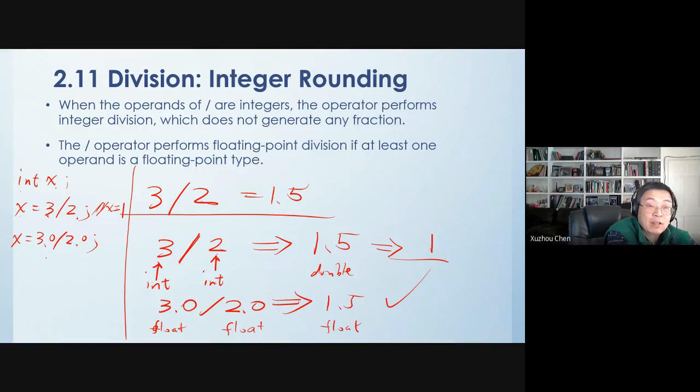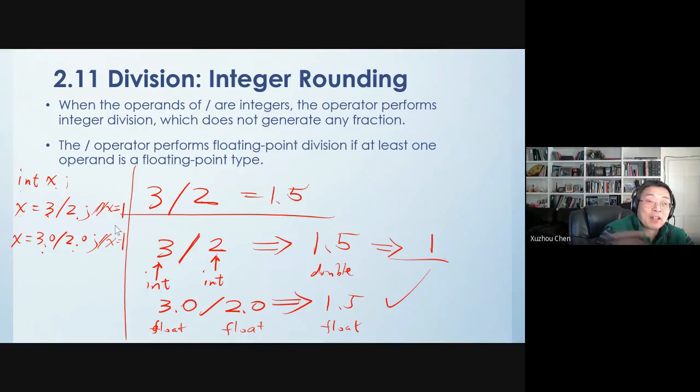What is the value of x? So 3.0 divided by 2.0. Now it's a floating point number, and this is a floating point number. So the result is 1.5, a floating point number, that's fine. Then 1.5 is assigned to x, which is an integer type. x will be 1. Okay.